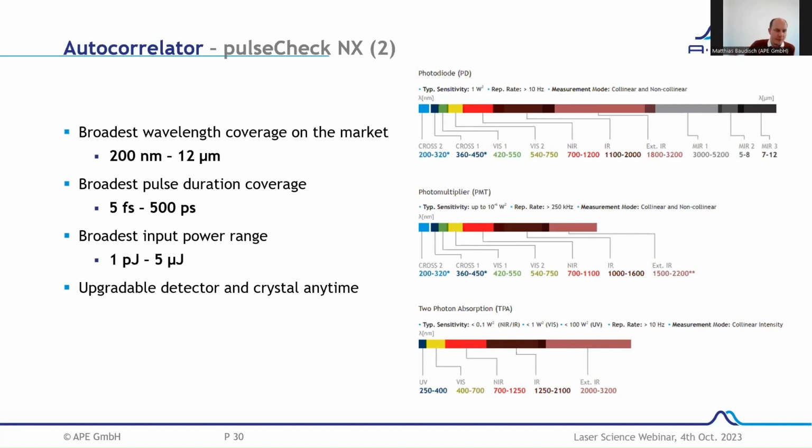There's no realignment; you align the device once, and then you can change the detectors. It's very easy to do, and customers can do it on a daily basis if needed.